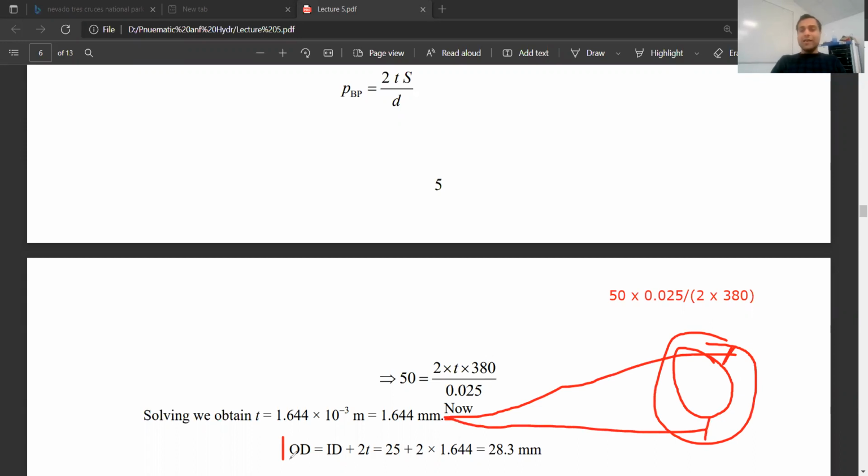So to find the outer diameter, you need the inner diameter plus 2 times the thickness. So you got 25.